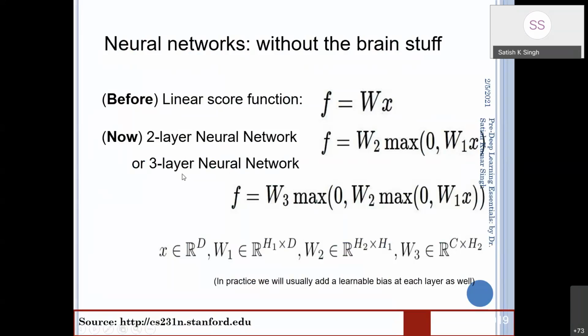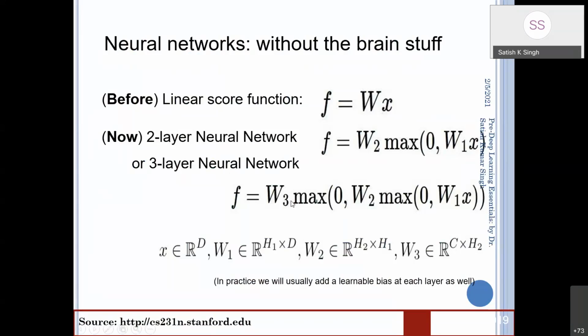Similarly, for a three-layer neural network, f is W3 max(0, W2 max(0, W1x)). So there is a chain kind of representation, where we are using the max function as the nonlinear function.